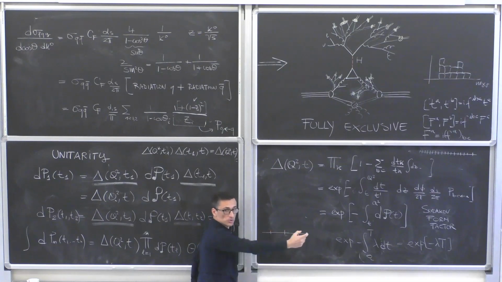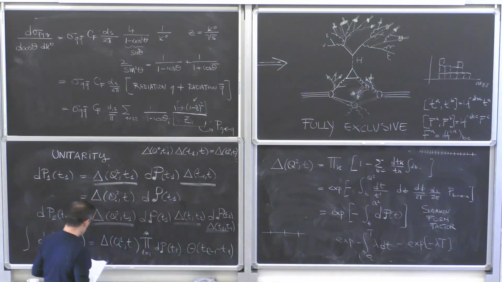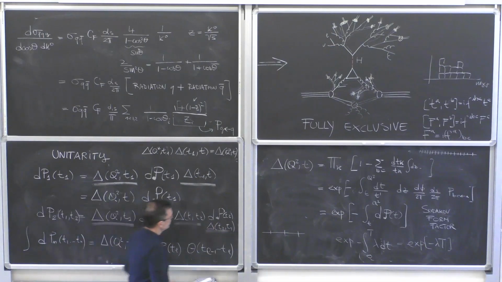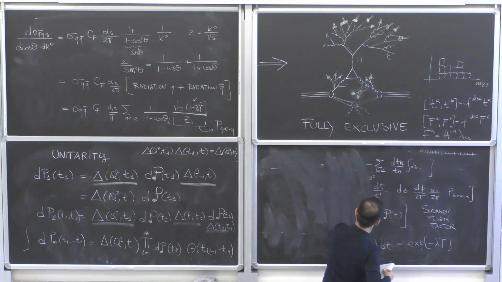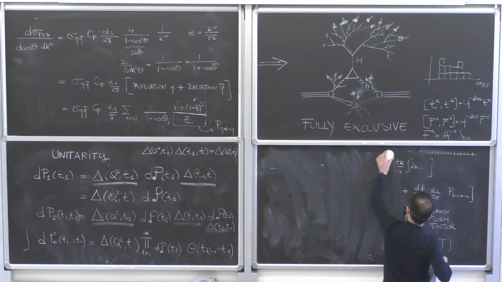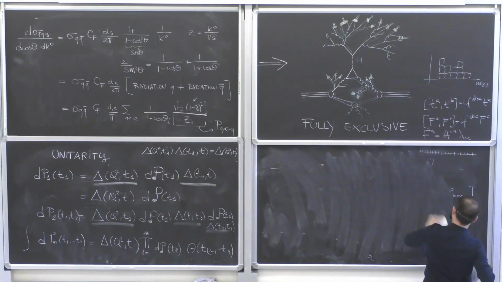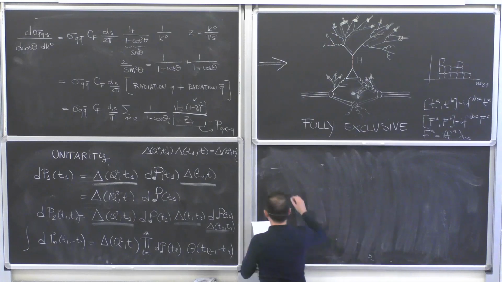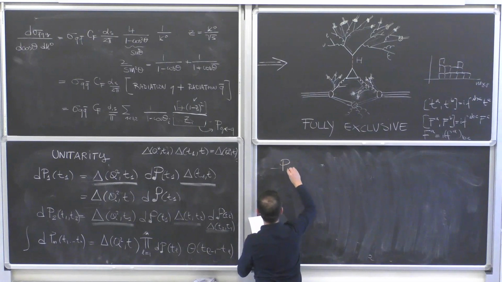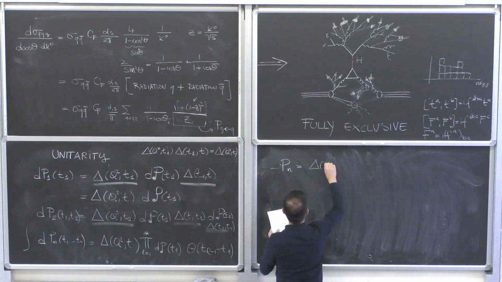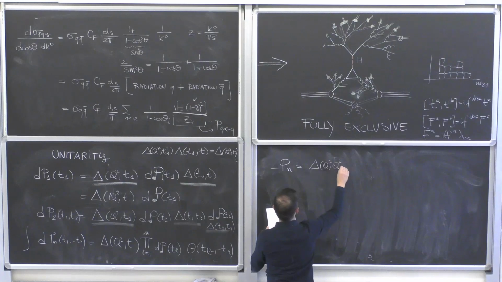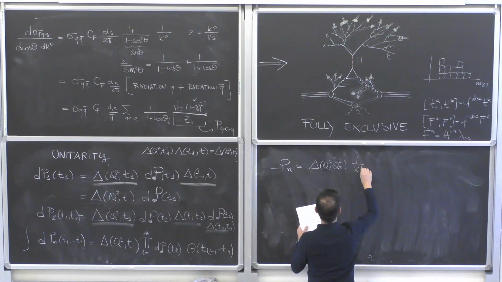So you have all these integral possibilities, and the result is a Pn, the integral here, I call it Pn, is delta of Q square 0, 1 over kappa factorial.